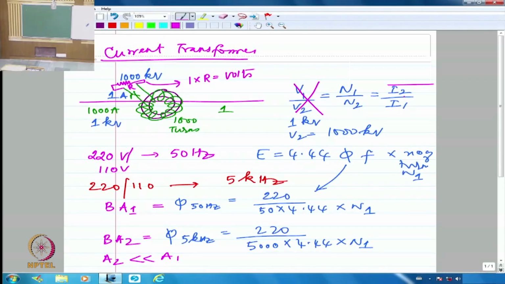All of them are going to work normally at much higher frequency so that they are miniaturized. And space is at a premium in aircraft and all. So you want to reduce the size as much as possible when you are going to aerospace electronic systems. So all of them are going to work at higher frequencies, not at 50 hertz.